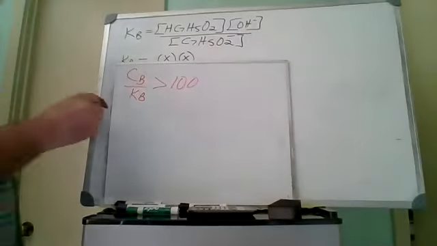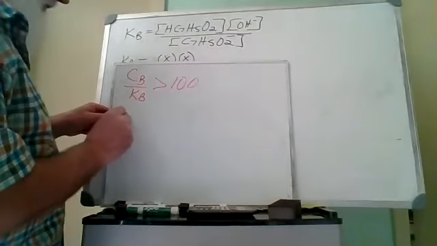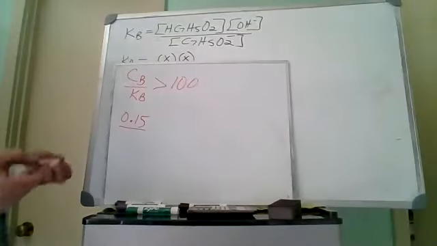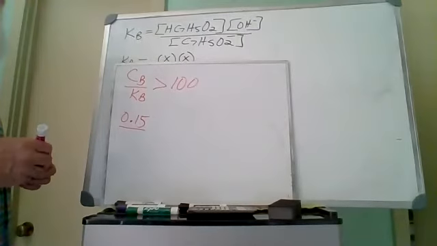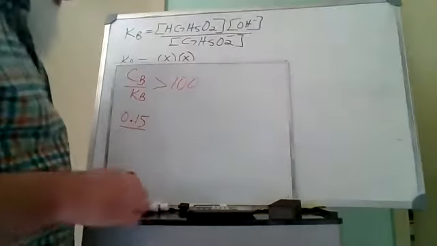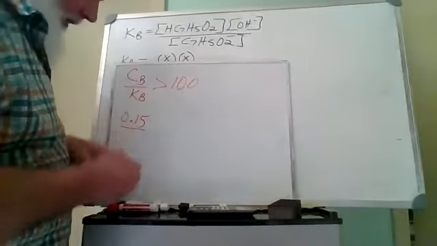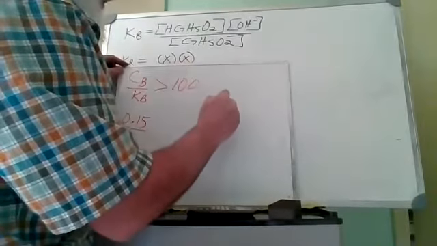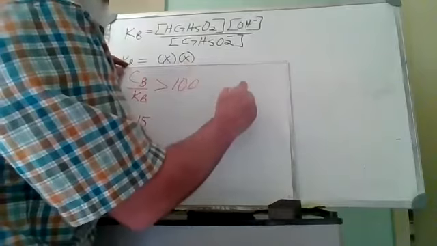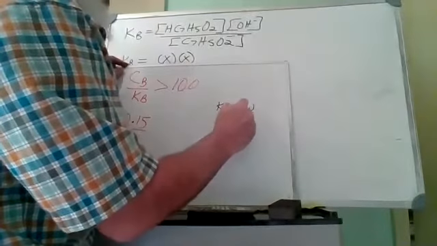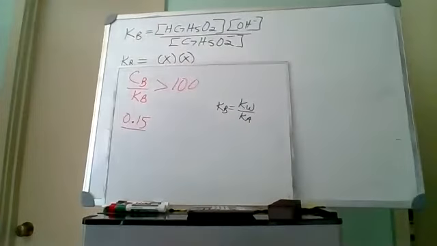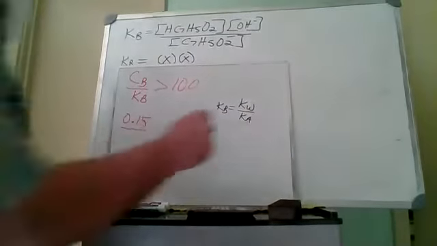Well, we know what CB is. It's 0.015. But what's KB? Well, we just learned a moment ago how to calculate KB. So I'm going to do that off to the side here in black. KB is equal to KW divided by Ka for benzoic acid, and they give us the ionization constant for benzoic acid.